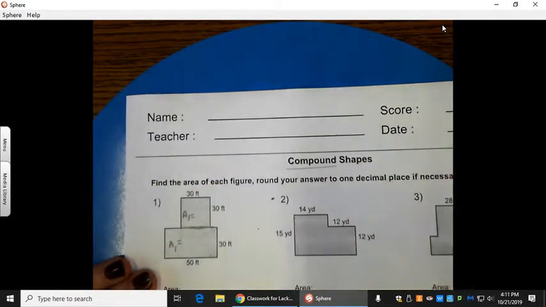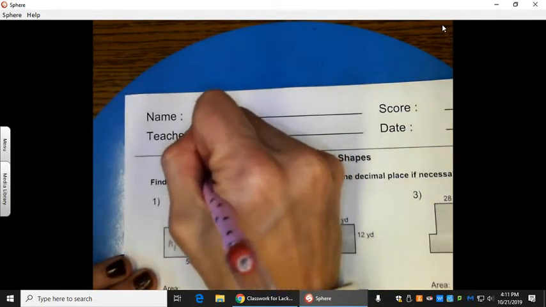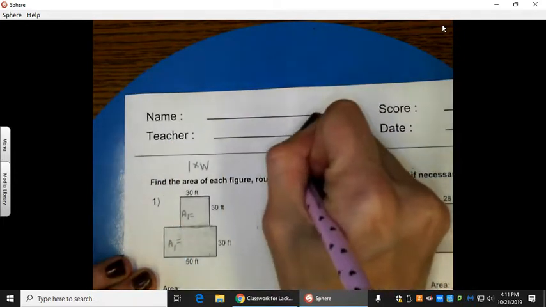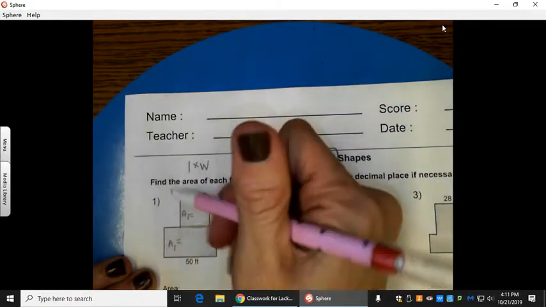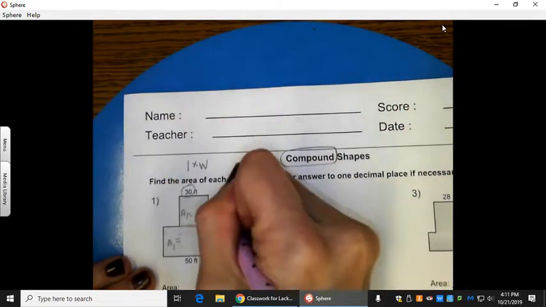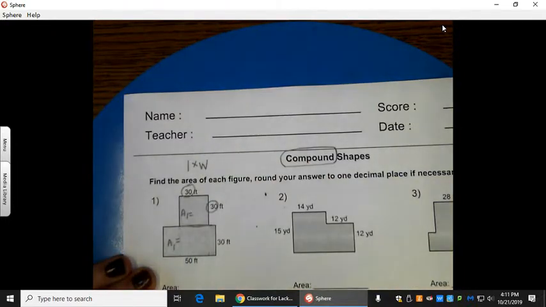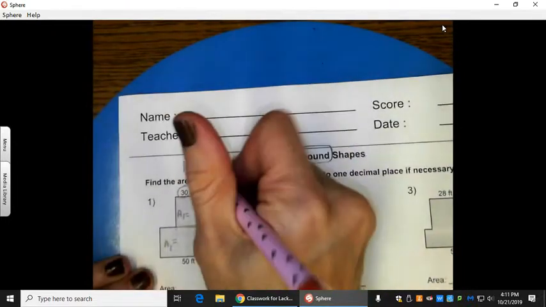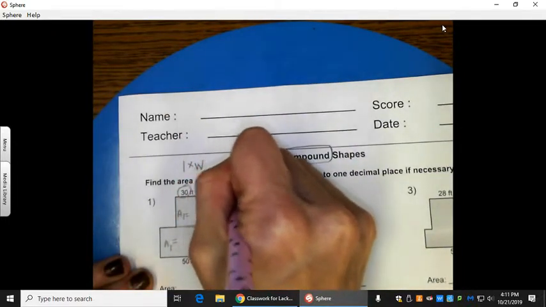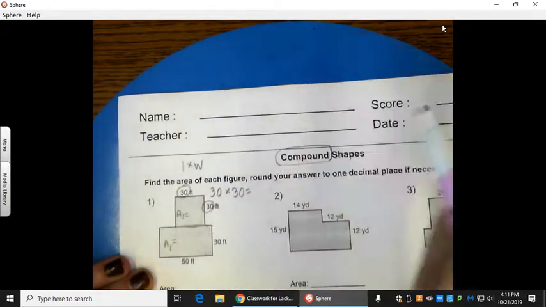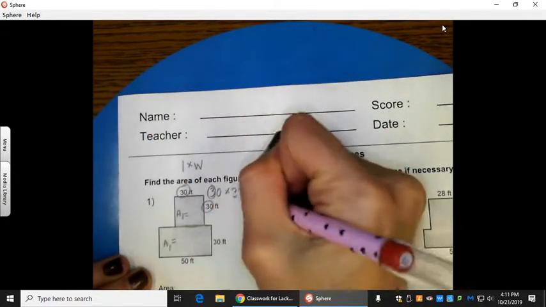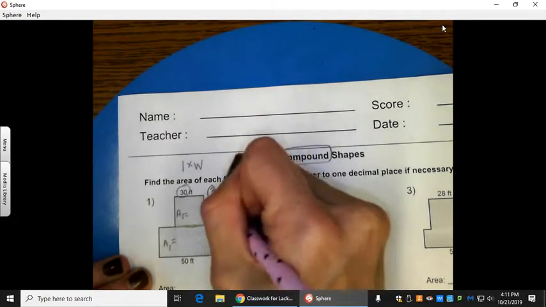So area of rectangle 1 and area of rectangle 2. Okay? Remembering the formula for area is length times width, but now knowing that there are these compound shapes. The length is 30 and the width is 30. So 30 times 30, and I can use my zeros, I multiply the basic facts, 3 times 3 is 9 with 2 zeros.